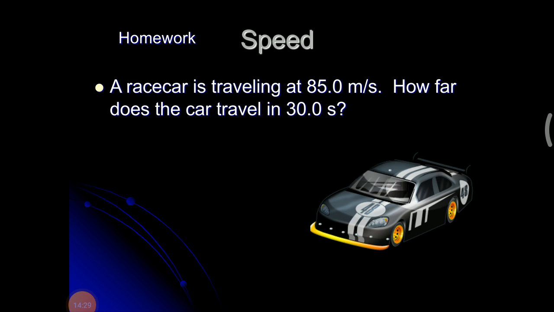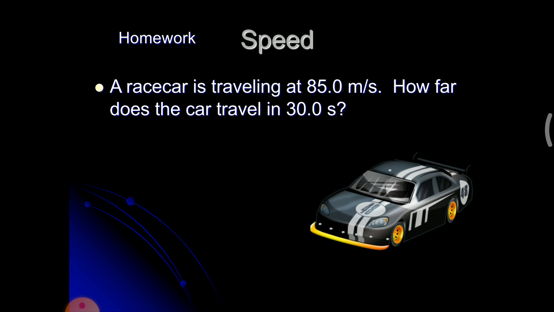The next one is also homework for you. A race car is traveling at 85 meter per second. In 1 second, the race car covers 85 meter. How far does the car travel in 30 seconds? Here you have to calculate the distance.